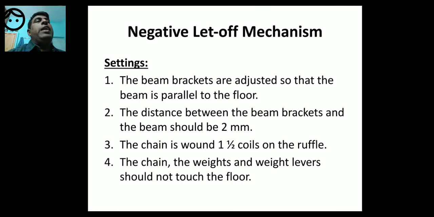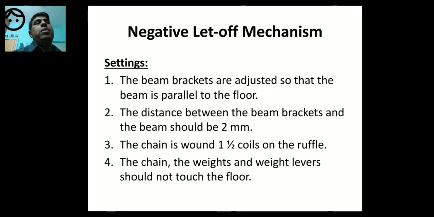Next, the distance between the beam brackets and the beam should be 2 mm. This is the minimum setting. The distance should be 2 millimeters only.